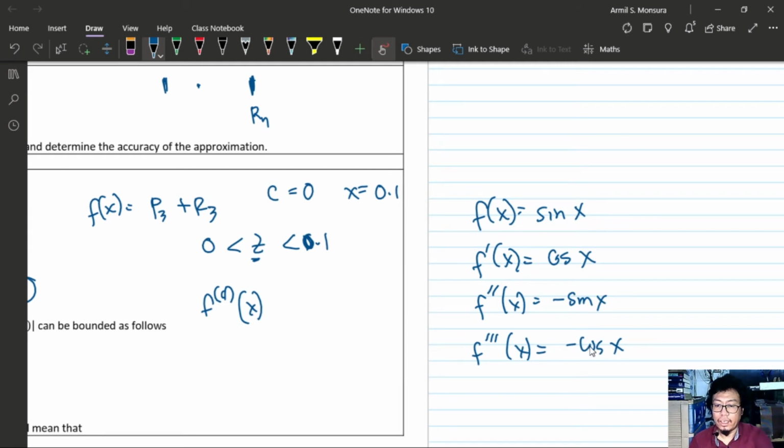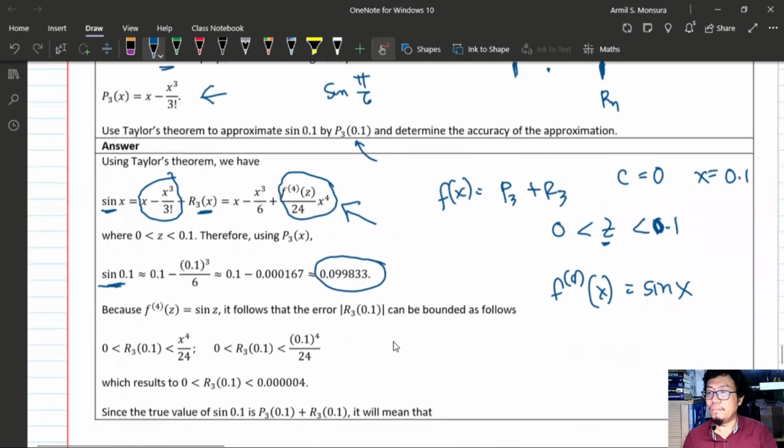And the fourth derivative of sin x is still sin x. So we will have sin x here.